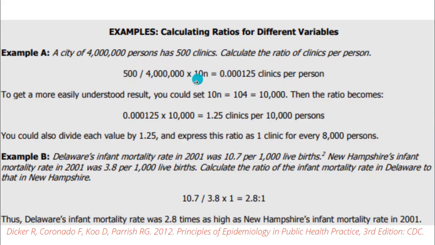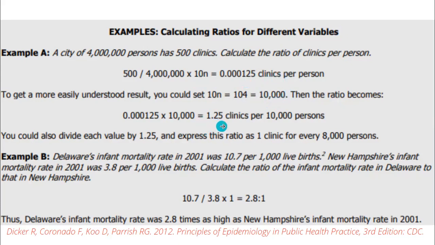That's why we have a factor of 10^n, wherein your 10^n would depend on whether you were able to get a more easily understood value. So in this case, we use 10,000 because 10,000 is the nearest value wherein we could get a whole number.